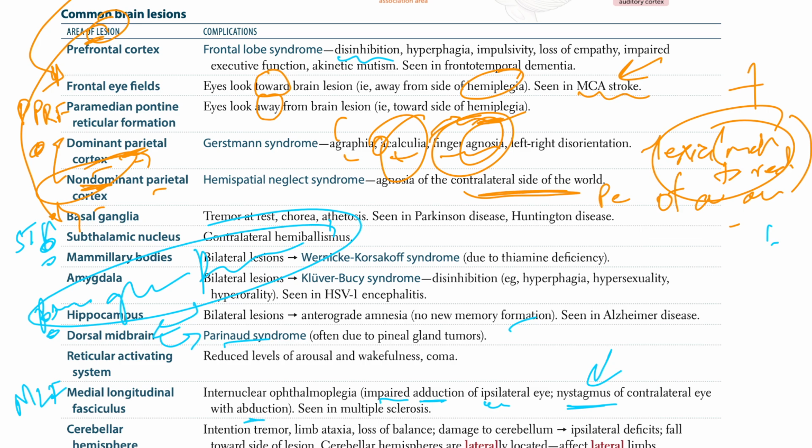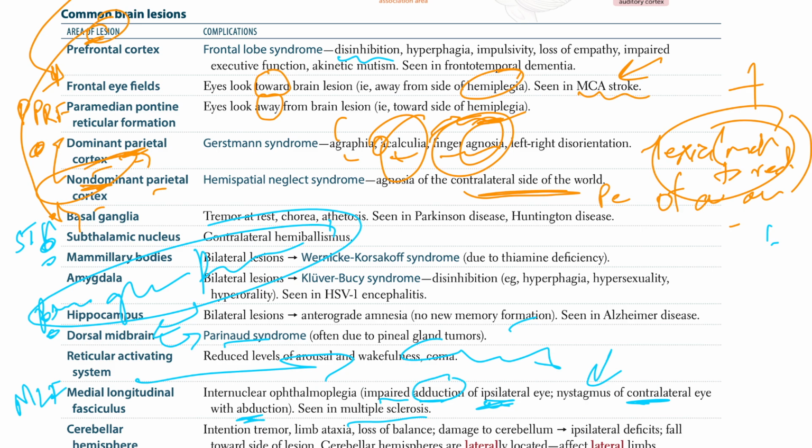Again, what do we talk about? We could not adduct, meaning joining together medially, the ipsilateral eye, and there's going to be nystagmus of the contralateral eye when you try to look to the lateral side, which is abduction. And we will talk about this in eye for sure. It is seen in MS, multiple sclerosis.